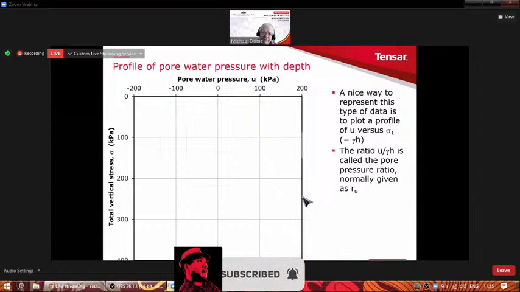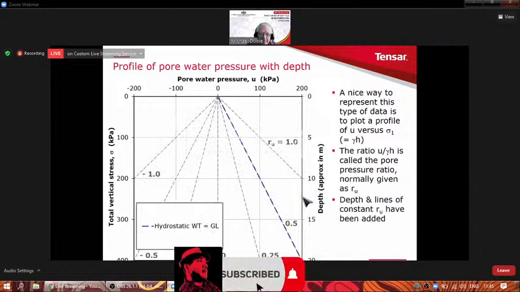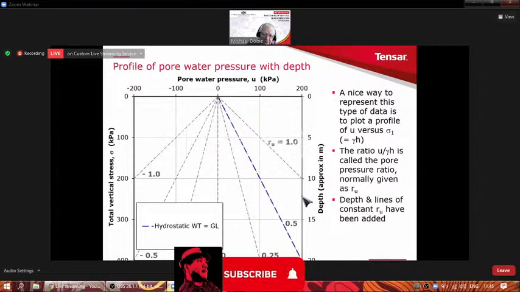And we can also then calculate what's called a pore pressure ratio, which is simply the ratio of the pore pressure to the total vertical stress. And I can then plot lines of RU value like this. And you can see that we have RU positive on the right-hand side. And of course, because pore pressure is negative over on the left, the RU values go negative.